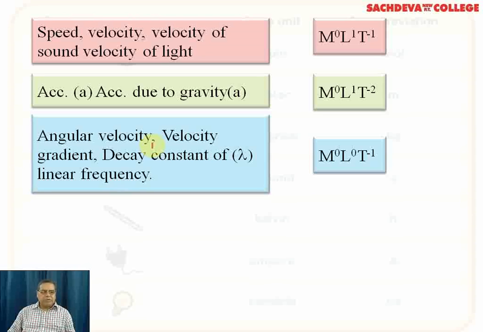So v is taken as LT⁻¹ divided by L. So L will cancel off and the equation will become T to the power minus 1. So the dimensional equation of angular velocity, the velocity gradient, the decay constant, and the linear frequency, all the same, will be M⁰L⁰T⁻¹.